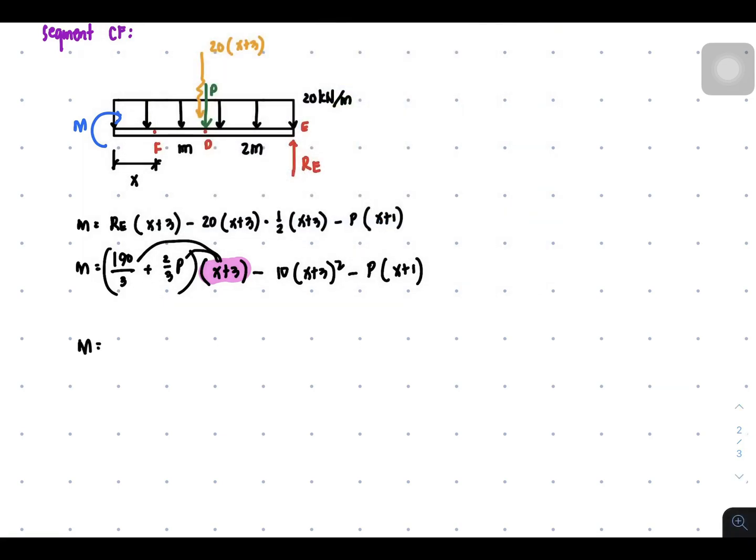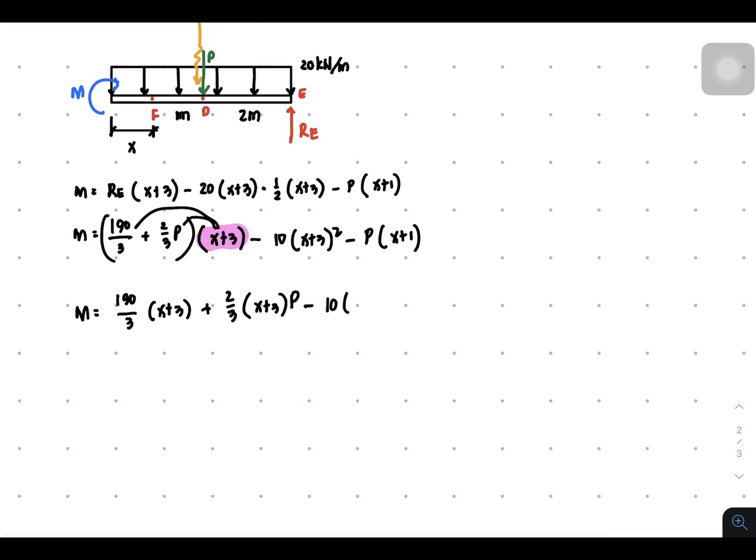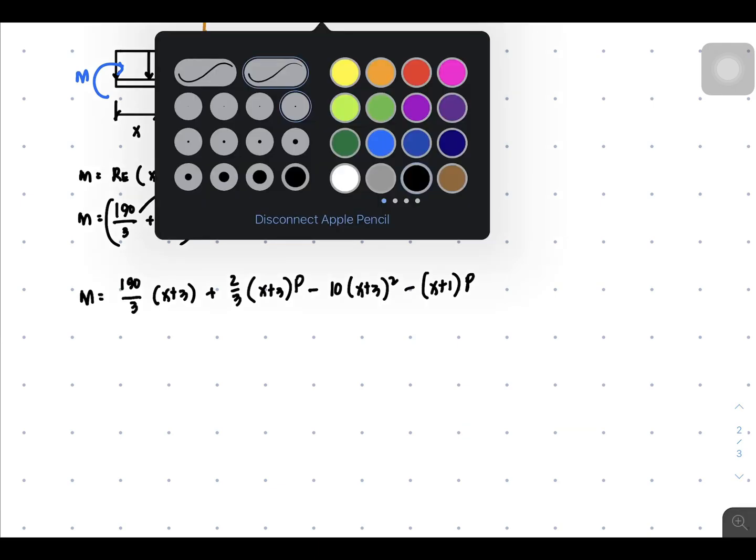So the moment equation would be 190 over 3 times x plus 3 plus 2/3 of x plus 3 P minus 10 times x plus 3 squared minus P times x plus 1, or rather, x plus 1 times P. Right, so that is our moment equation.